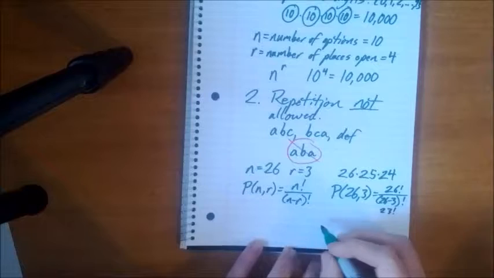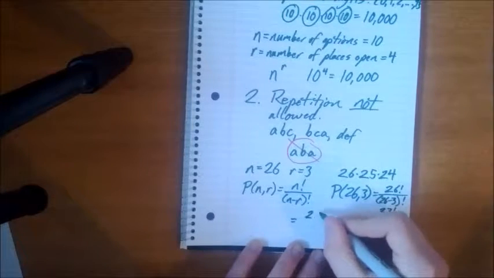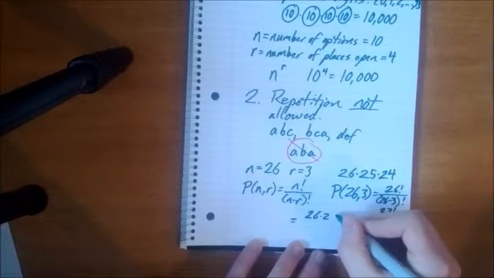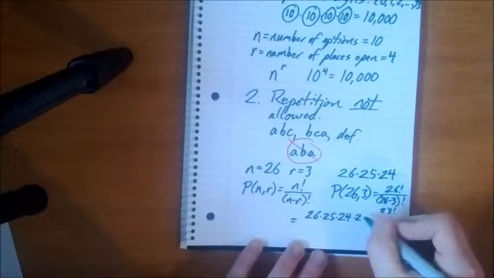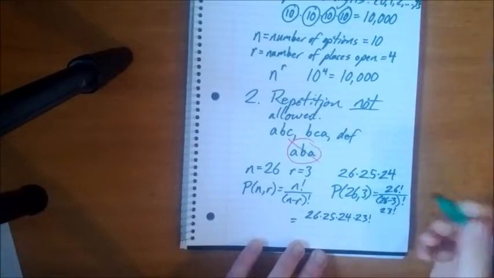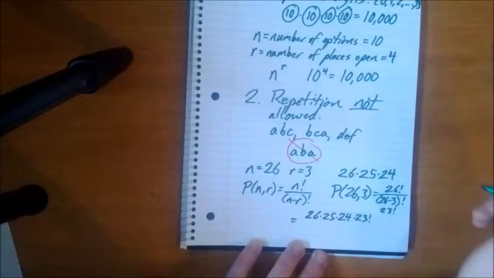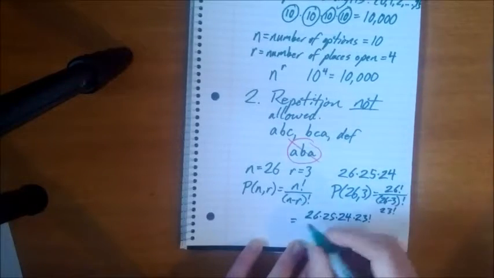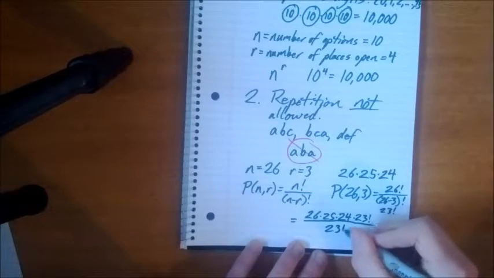So we can simplify this. We go down 26 times 25 times 24 times 23 factorial, because factorial means you're going, say 4 factorial is 4 times 3 times 2 times 1. So you just go all the way down to 1, over 23 factorial.